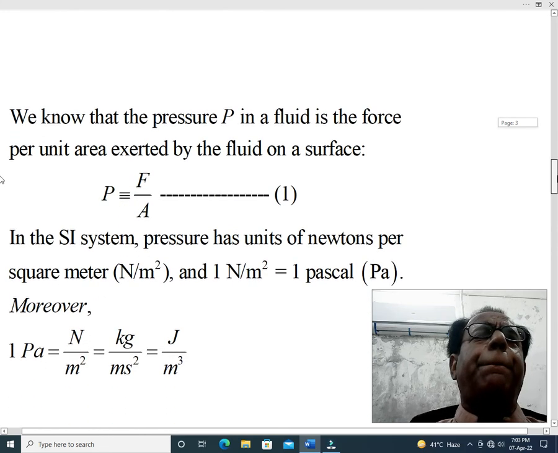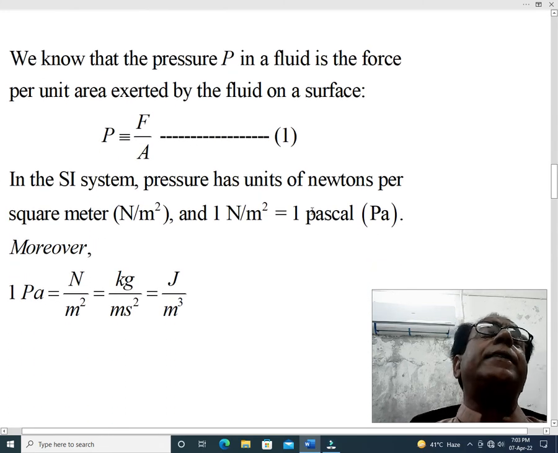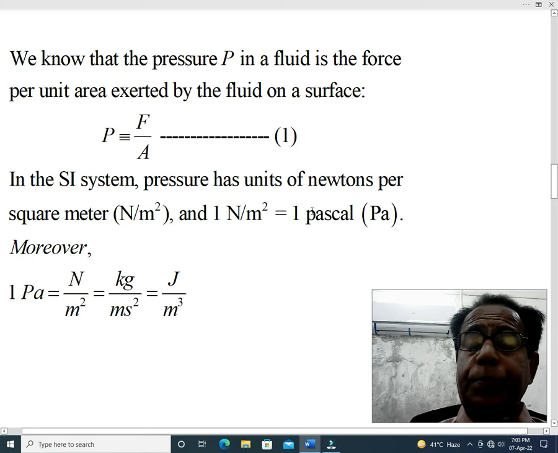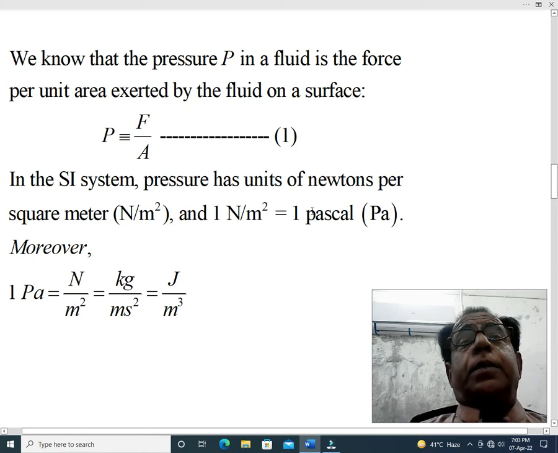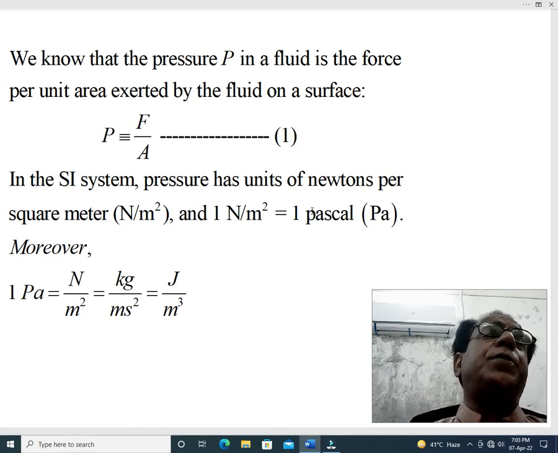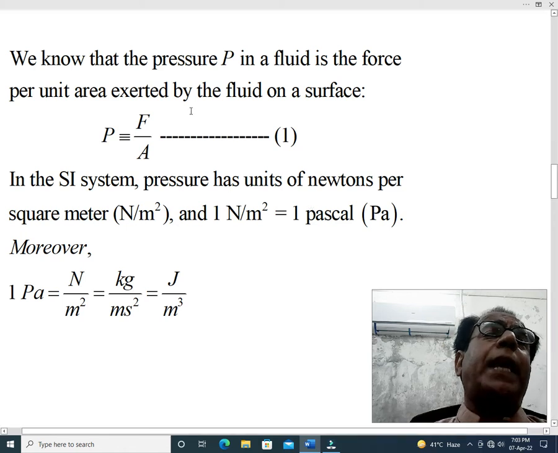Now we come towards the further solution of this problem, and we start as usual in our previous modules on this topic.